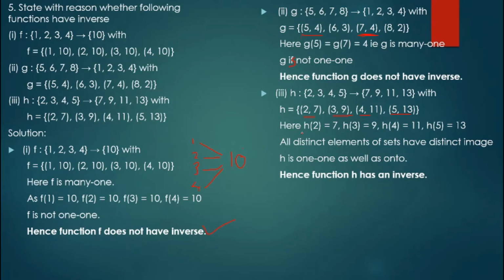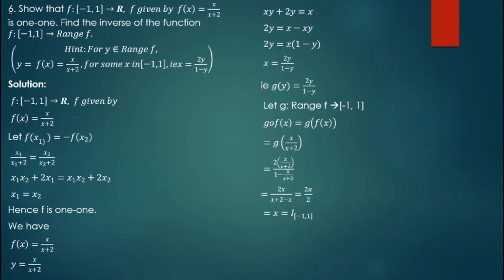So all distinct elements of the set have distinct images. h is one-one as well as onto. Hence function h has an inverse. So among the three we had only one function, that is function h, as an inverse function.